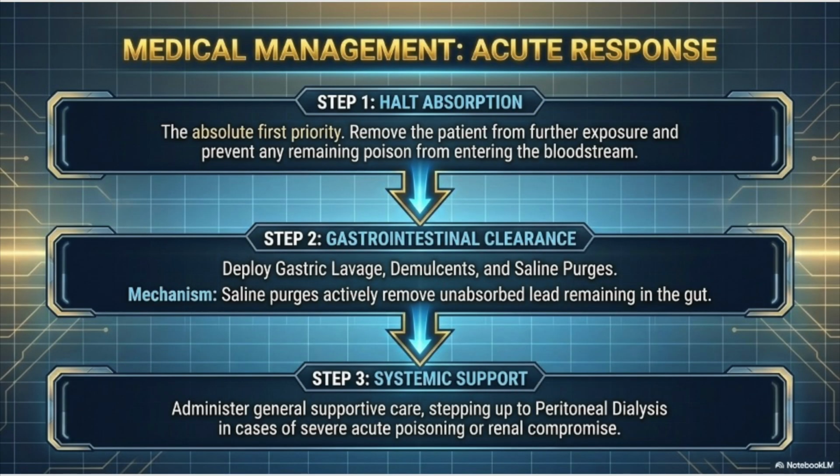Management begins with immediate removal of the worker from further lead exposure. Supportive treatment includes gastric decontamination when appropriate, correction of dehydration, management of abdominal pain, treatment of anemia, and control of neurological complications. Severe poisoning requires hospitalization and close monitoring.